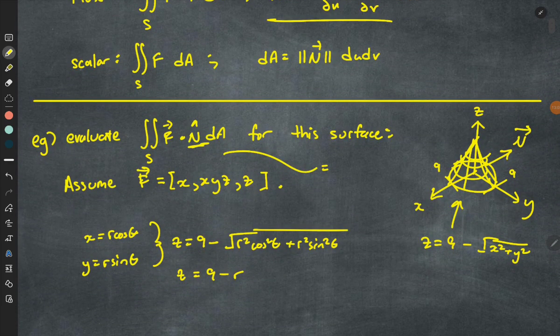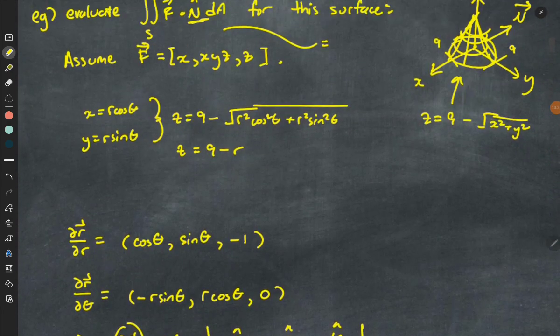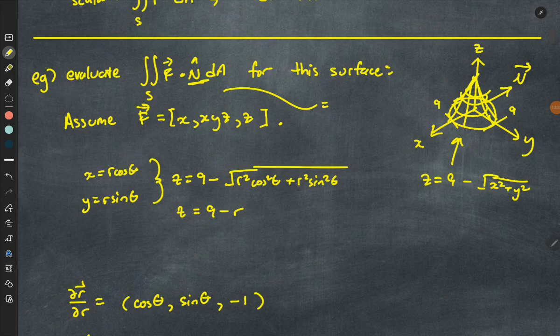The reason for that being that the surface goes one full revolution around the x and y axes, and r goes from 0 to 9 because the innermost distance on the surface is at the top, at a distance 0.